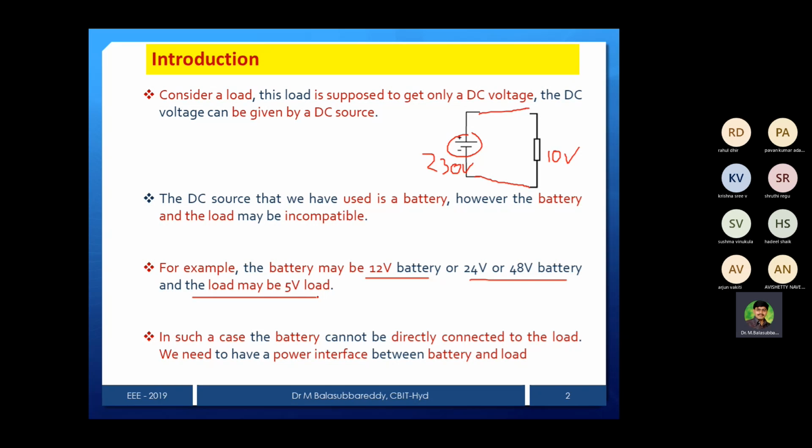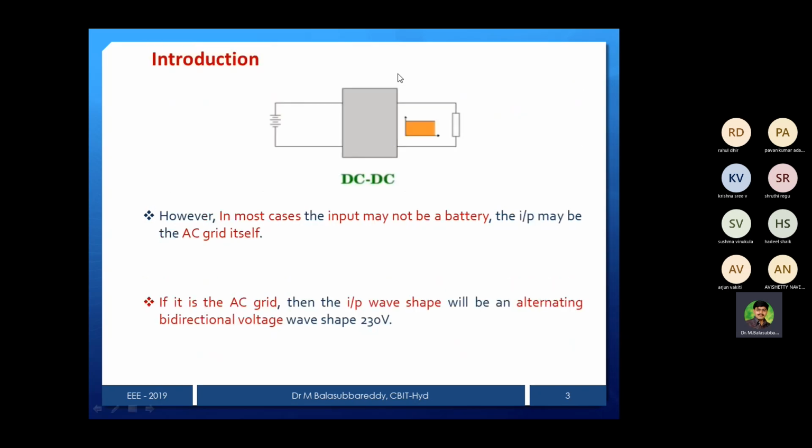What we have to do is create one interface. The load may require 5 volts and the source may be something else, so a DC to DC converter is required to control the voltage. Whatever input voltage is there, you have to control it and pass an output voltage suitable to the load voltage.